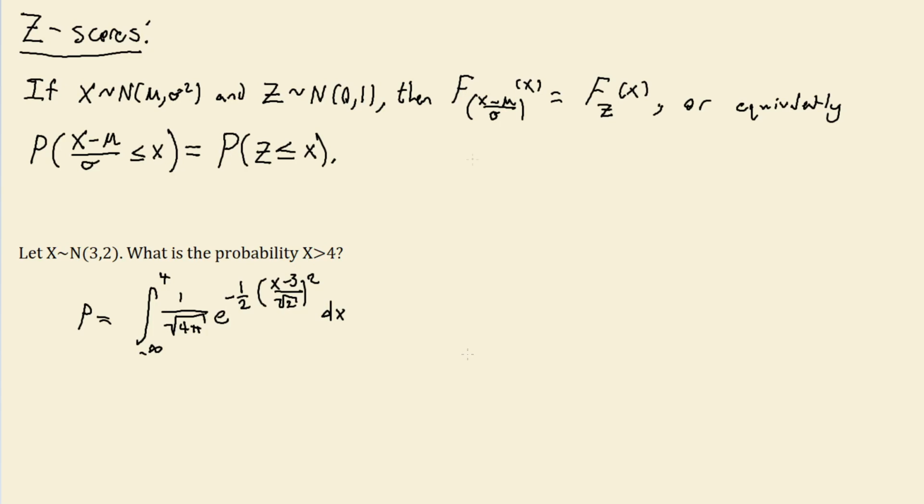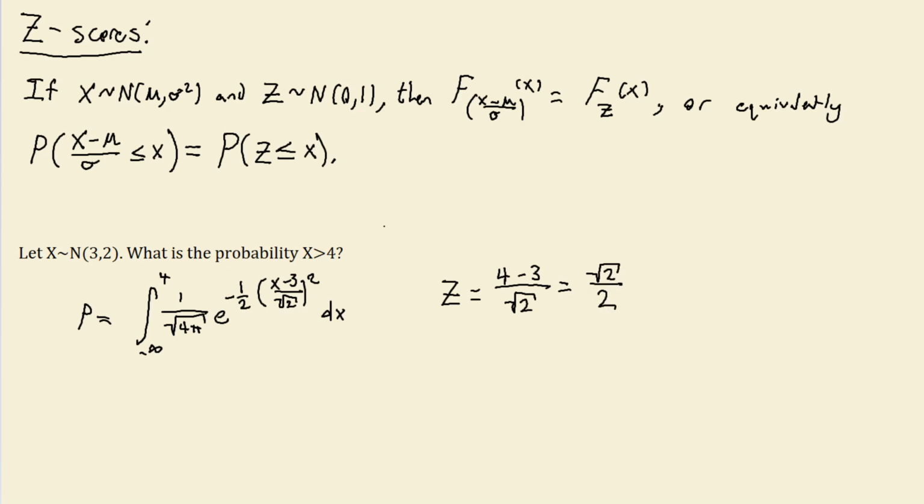But there's another option we could take here, which is to compute what's called a z-score. The z-score is just going to be equivalent to this value right here. In this case, 4 is our value for x that we're interested in, and we're going to do 4 minus the mean divided by the standard deviation. The standard deviation is the square root of 2. And so this is going to be equal to 1 over the square root of 2, which is just root 2 over 2.